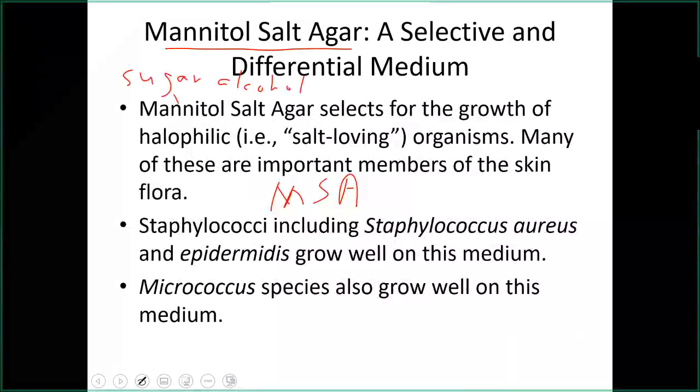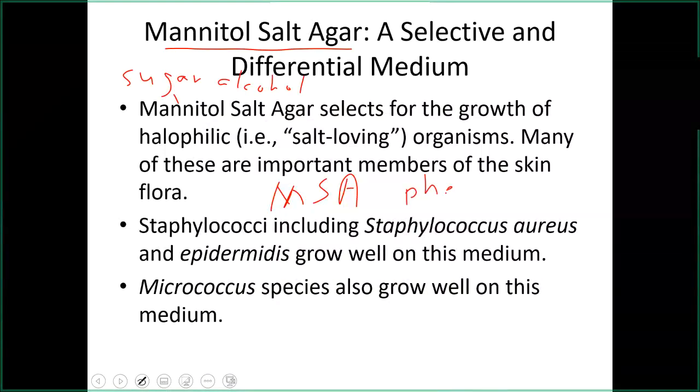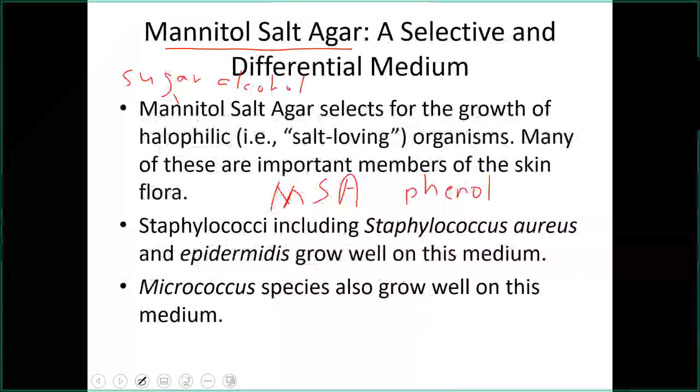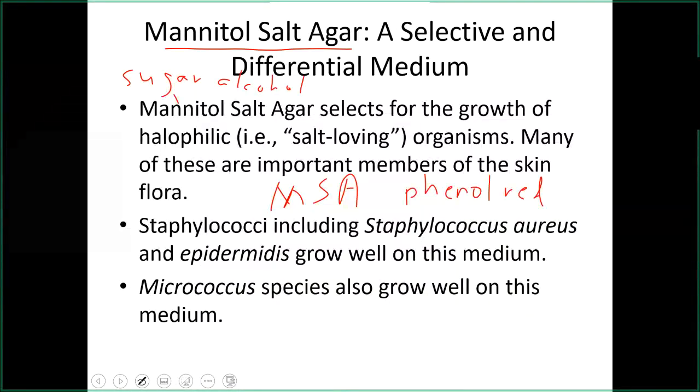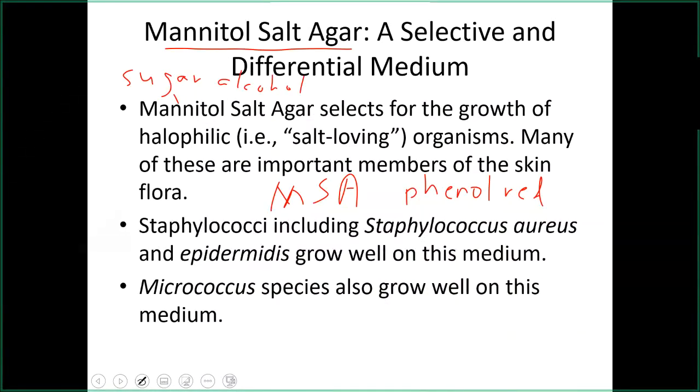So there's another thing that's in this agar too. It's a pH indicator that gives a red color, and it's due to the presence of this substance known as phenol red. Phenol red is a pH indicator, and in acidic conditions, it turns yellow, right? And what would cause acidic conditions?